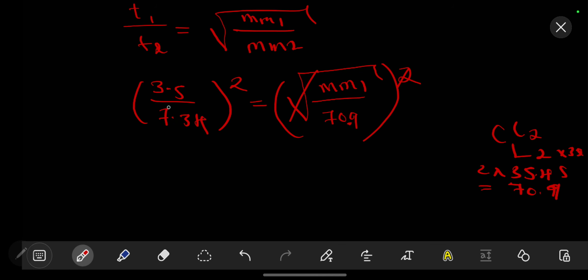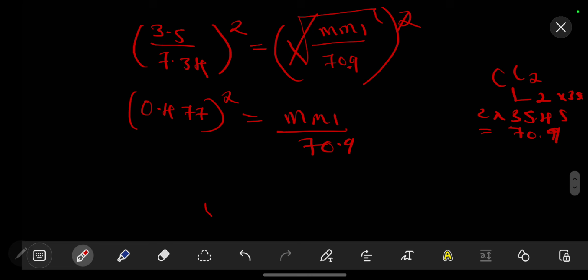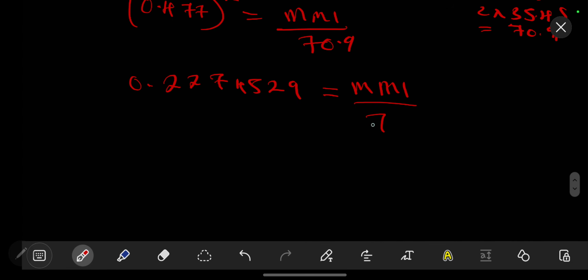So we have 3.5 divided by 7.34, which gives a value of 0.477 inside the brackets, squared, equal to the molar mass 1 over 70.9. 0.477 squared gives 0.22744529, which should be equal to the molar mass 1 over 70.9.